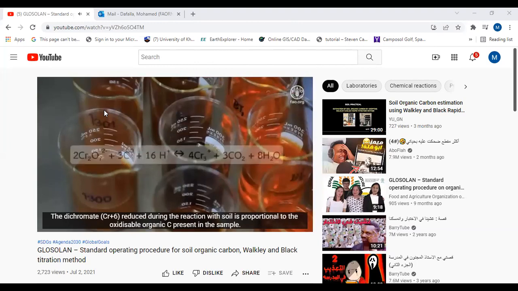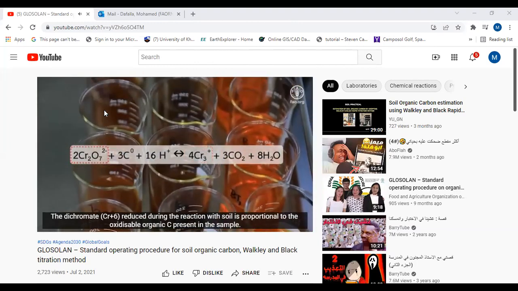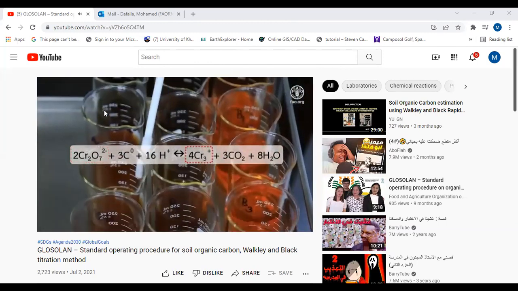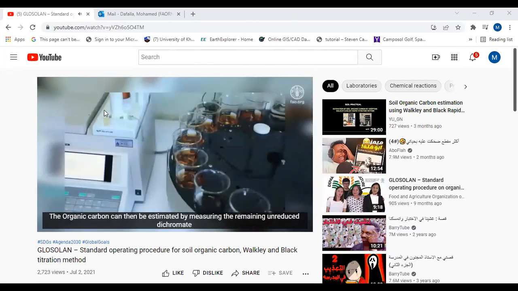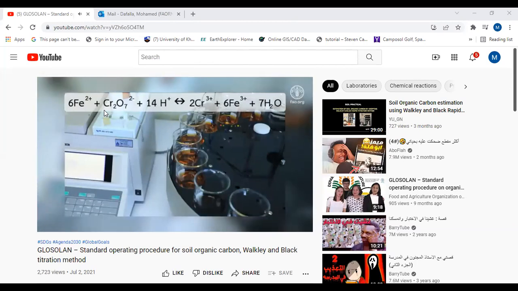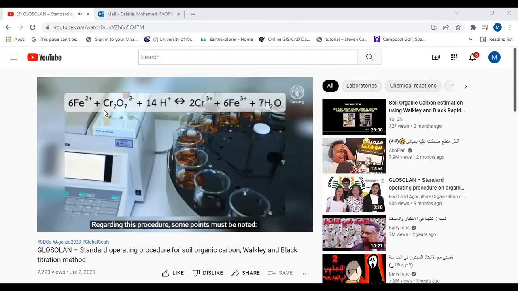The dichromate reduced during the reaction with soil is proportional to the oxidizable organic carbon present in the sample. The organic carbon can then be estimated by measuring the remaining unreduced dichromate by back-titrating with ferrous sulfate or ammonium ferrous sulfate using diphenylamine or phenanthroline ferrous complex as an indicator.